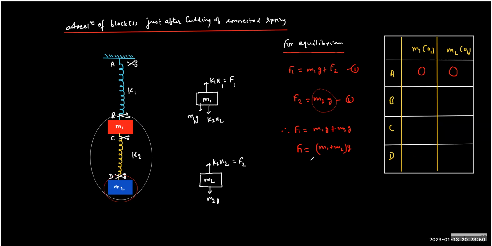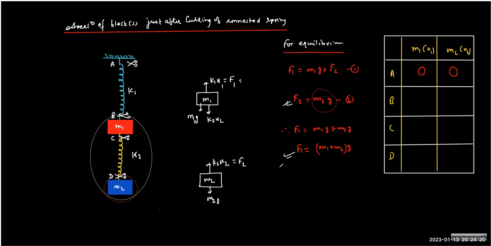What is the force applied by the top spring in the beginning? K1 X1. And what is that K1 X1? I have solved it here. K1 X1 is (M1 plus M2) g.